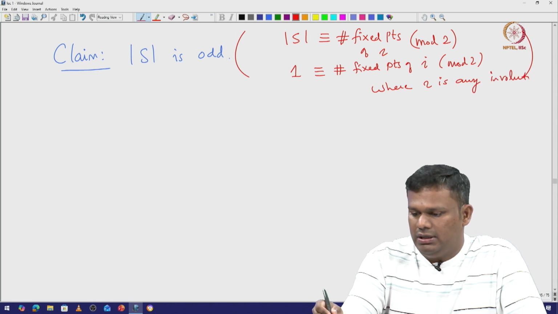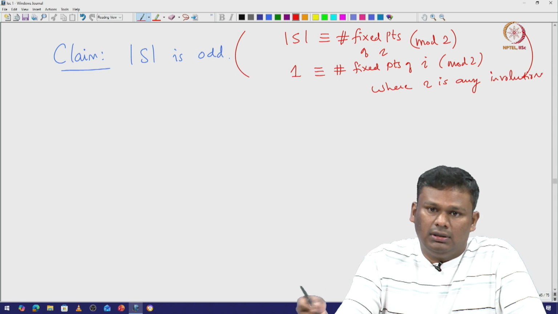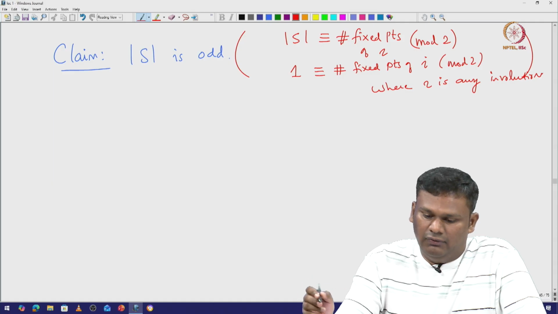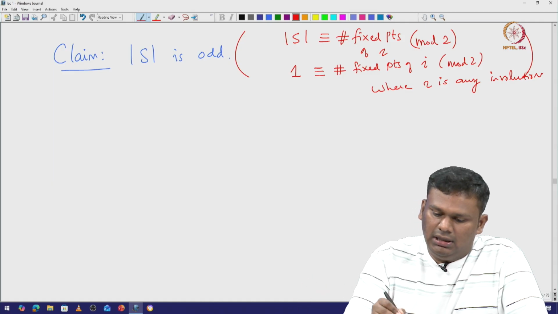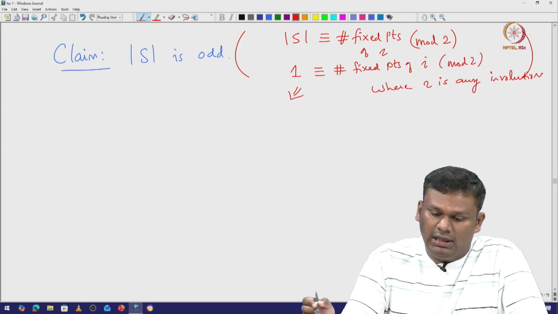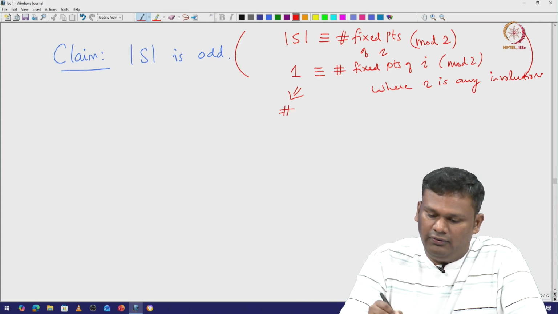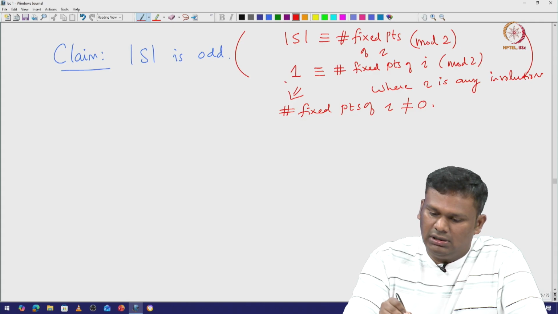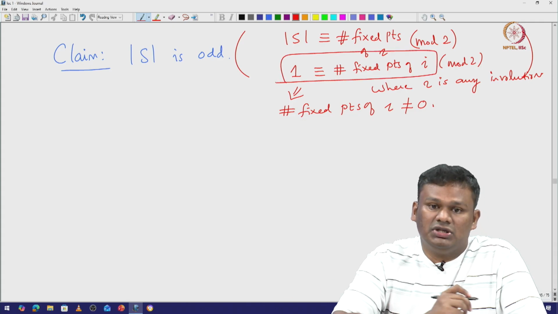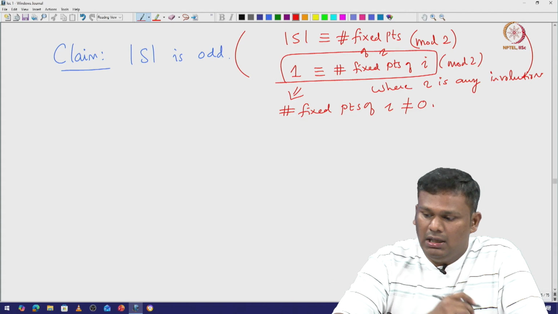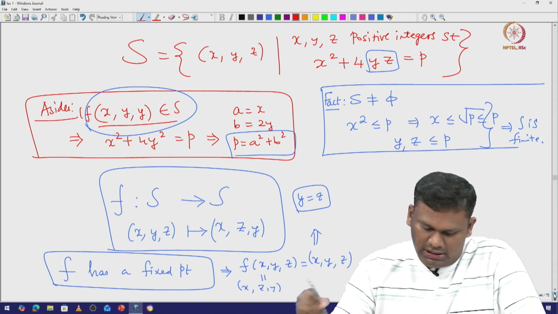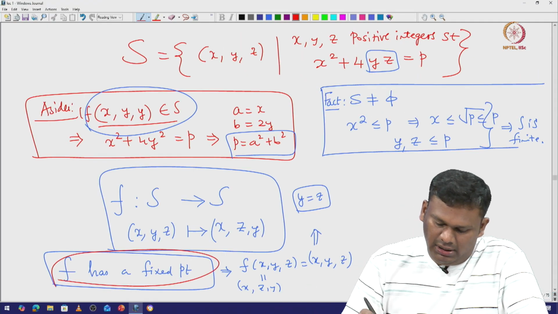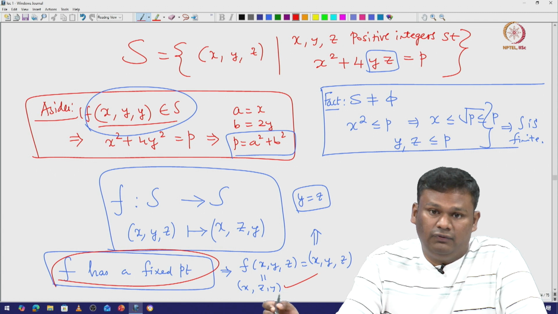So, this is something we observed for any involution. This tells us immediately that if the cardinality of S is odd, then the number of fixed points of iota must be not equal to 0, because if it is 0, then this equation cannot happen. So, that would tell you that F has a fixed point, that will complete the proof.